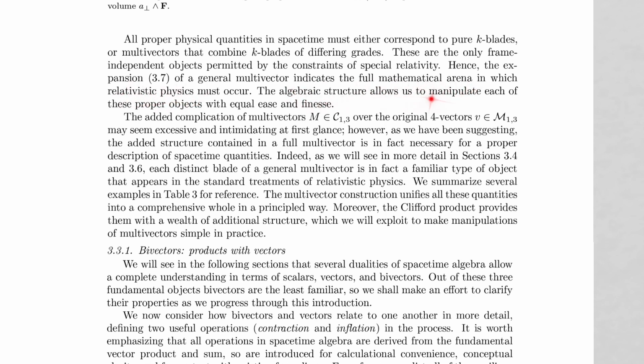The algebraic structure allows us to manipulate each of these proper objects with equal ease and finesse. All right, that's the promise of geometric algebra. In space-time algebra, it promises that all of special relativity and all physics done in the arena of special relativity is handled by the space-time product of two multivectors and addition between multivectors. That's what it's saying.